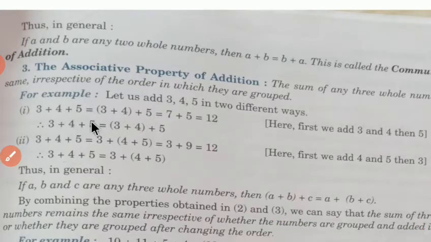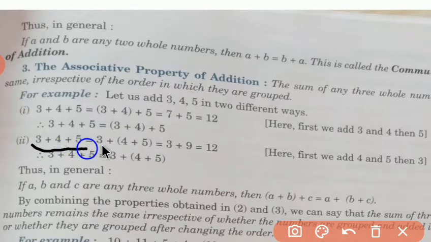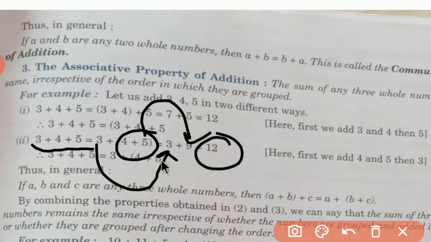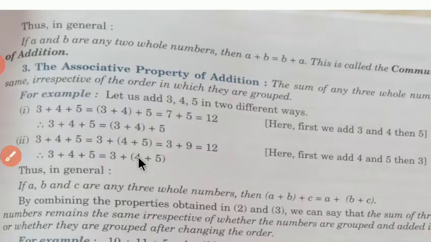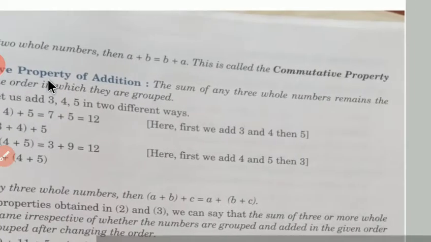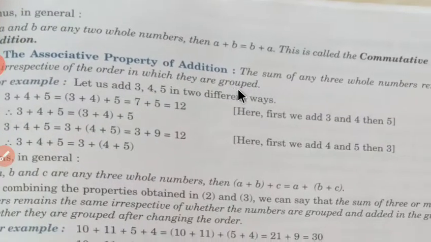Now 3 plus the bracket of 4 plus 5. Now we change the place of the bracket. First we will add 4 and 5, so 3 as it is, and 4 plus 5 is 9. Here we add 4 and 5, then 3. You can see that if we add 3, 4 and 5 with any grouping, the answer is the same. So the sum of any three whole numbers remains the same irrespective of the order in which they are grouped.